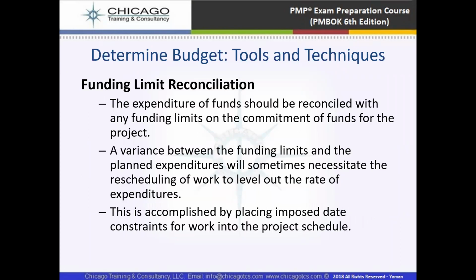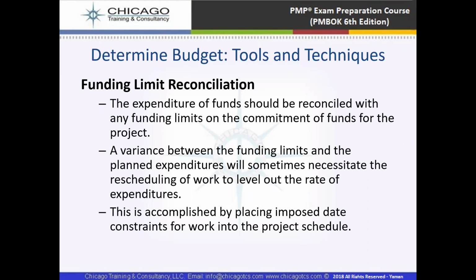And then we have funding limit reconciliation, where the expenditure of funds should be reconciled with any funding limits on the commitment of funds for the project. Variance between the funding limits and the planned expenditures will sometimes necessitate the rescheduling of work to level out the rate of expenditures. This is accomplished by placing imposed rate constraints, which means we have funding limitations.